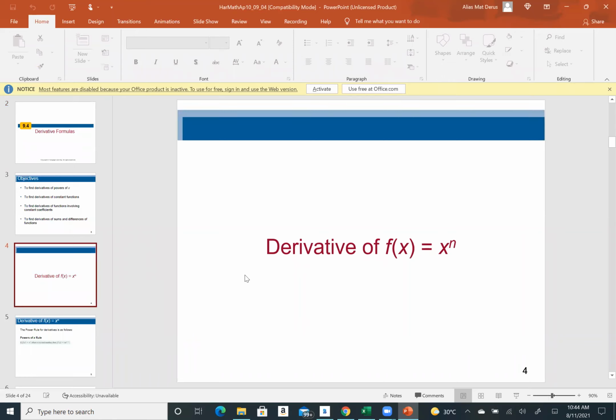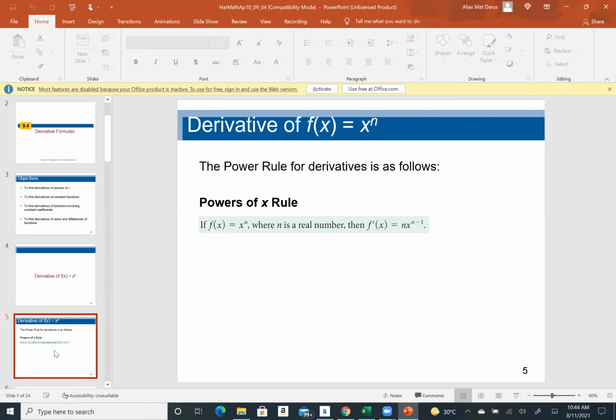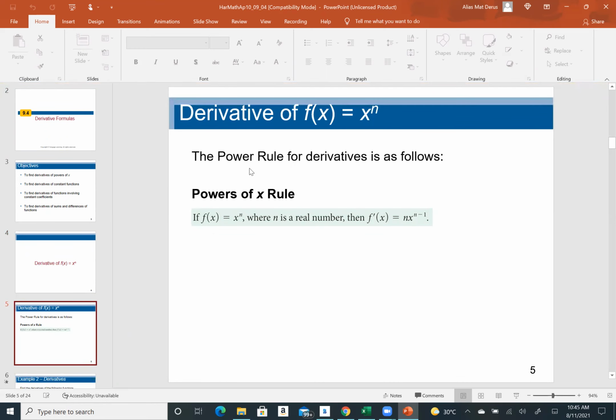Now, if you have this type of function, how do you do the derivative? So this is called the power rule. Okay, power rule. Not powers of x rule. It's power rule.